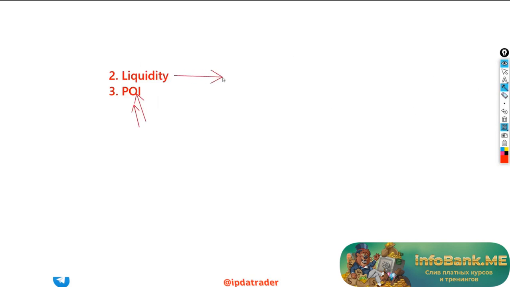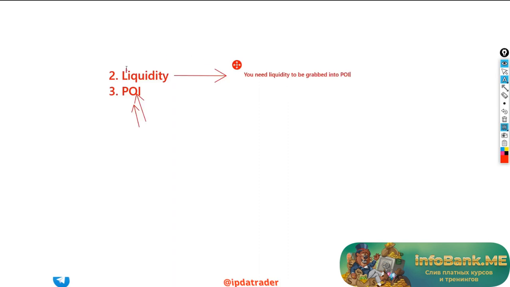And liquidity, I just previously made a video on liquidity, so if you do not understand that, you can always go back there and watch the video. But let me give you the rule within liquidity for this specific strategy. The rule is the following: you need liquidity to be grabbed into POI, right?